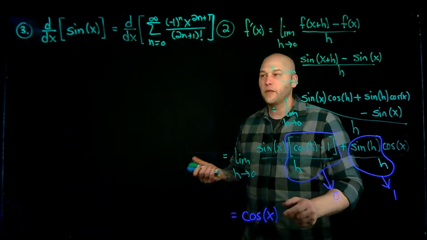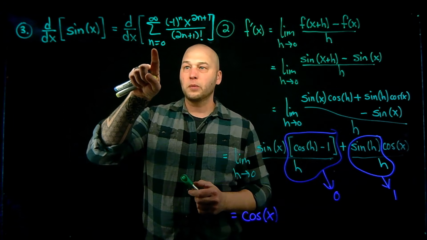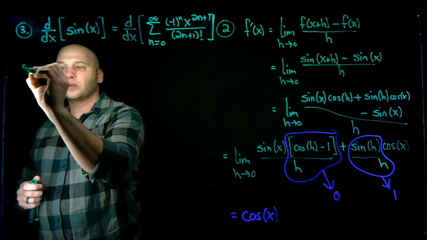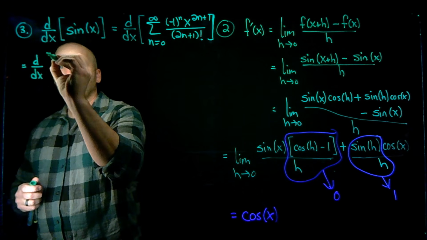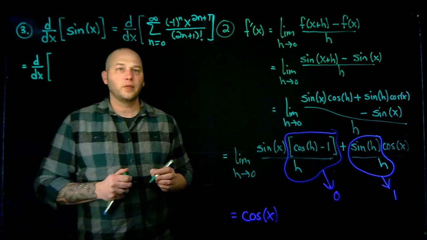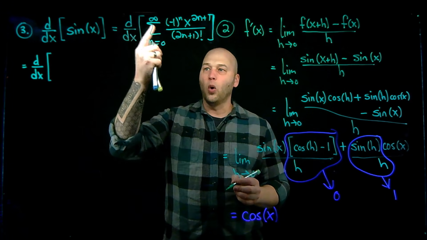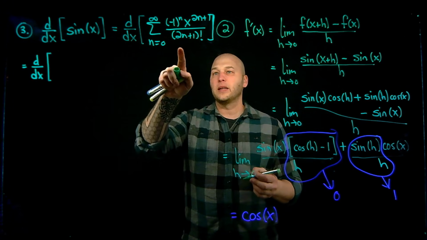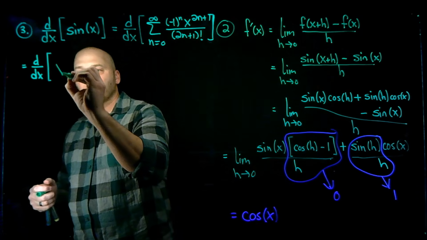So now to differentiate this, what I'm going to do is I'm going to expand this out as follows. This is equal to the derivative of, so let's write the first handful of terms. If I plug in 0, -1 to the 0 is 1, and then x to the 2n plus 1 would be x, and then the denominator here would be 1 factorial, so in other words, it would be x.